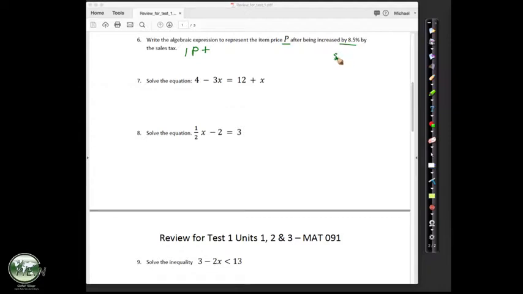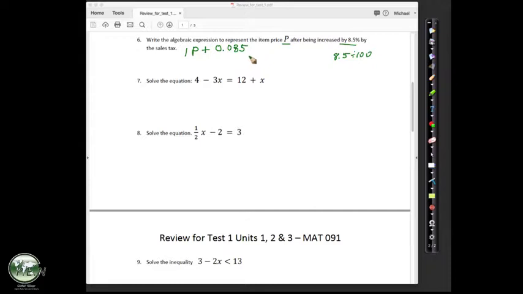You can move the decimal over 2 places or divide by 100. So you take 8.5 divided by 100, and that will turn it into the decimal 0.085. And take the time, because I'll see people who will do this in their head, and sometimes they'll write it as 0.85, which is actually 85%. Maybe you went through it too quick, or you might go 0.0085.